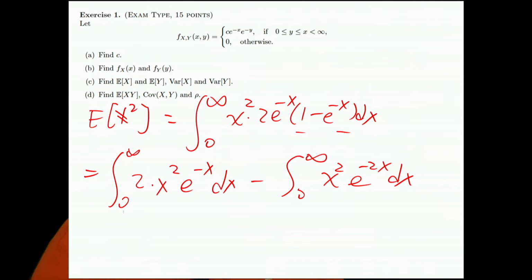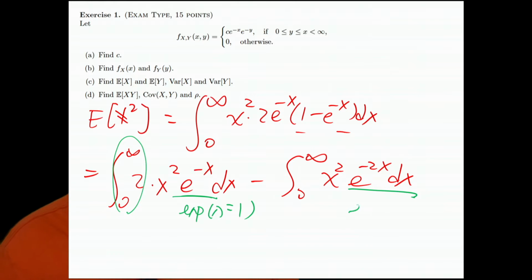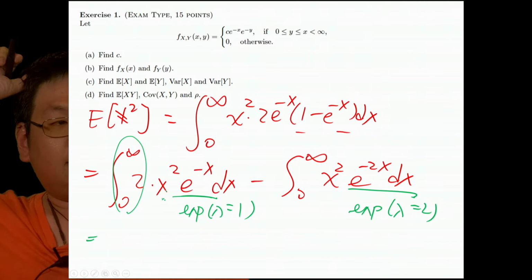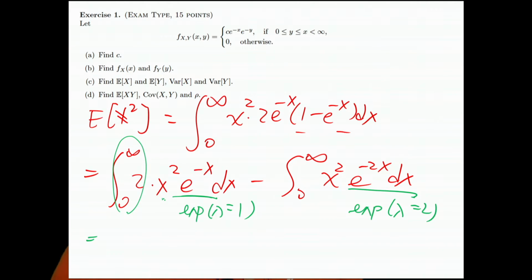Now you see this is from 0 to infinity and exponential terms. So this is the exponential distribution with lambda equals 1. Here, exponential distribution with lambda equals 2. Then you times x squared, so you want to find the expectation of x squared. That means 1 plus 1, this is mean square and variance.